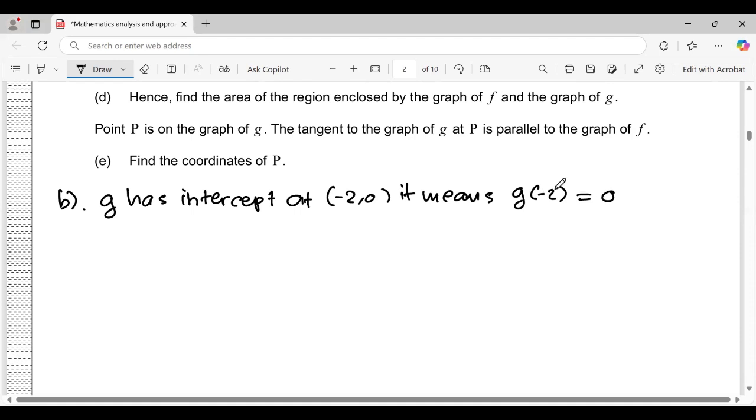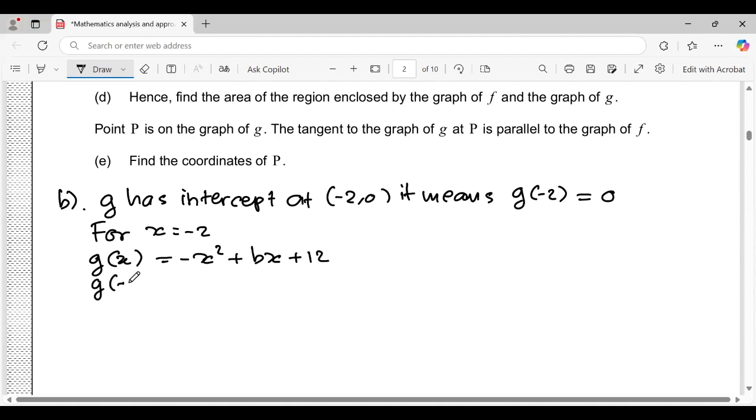We can substitute x equals minus 2 into g(x), which is minus x squared plus bx plus 12.